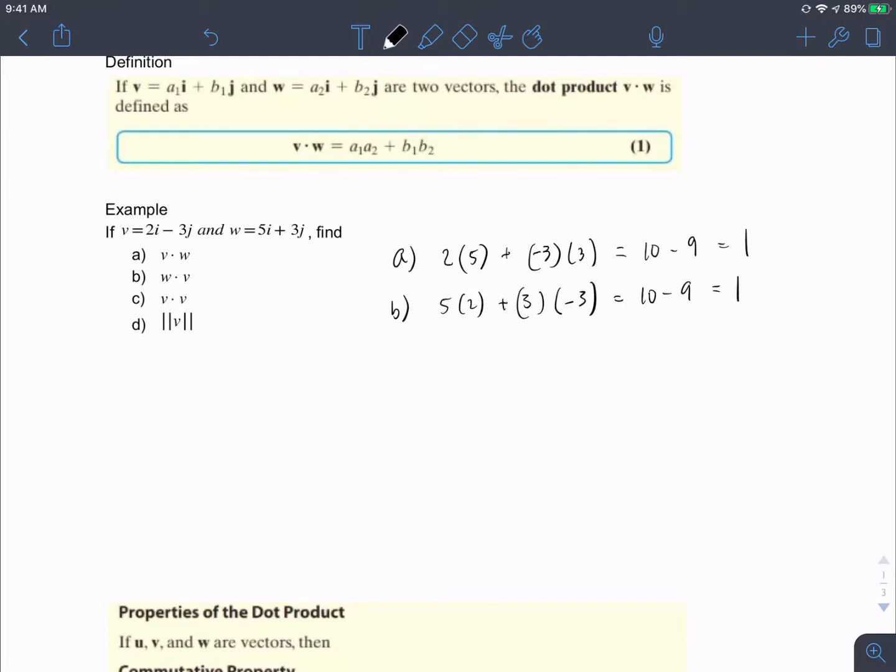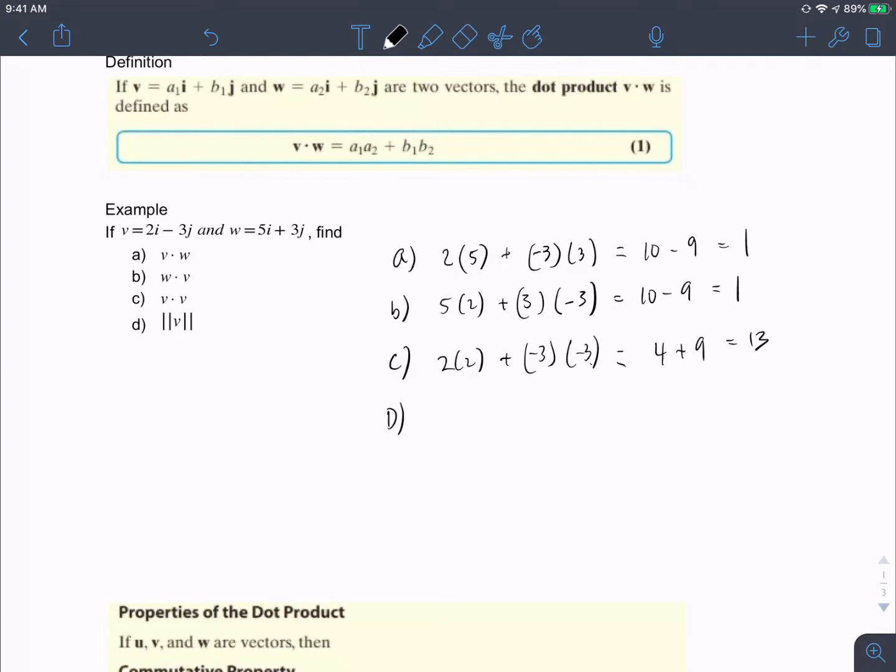So it looks like the commutative property may work here, but let's not make generalizations. The dot product of v times v is going to be 2 times 2 plus negative 3 times a negative 3. And that's going to give us 4 plus 9, or 13.